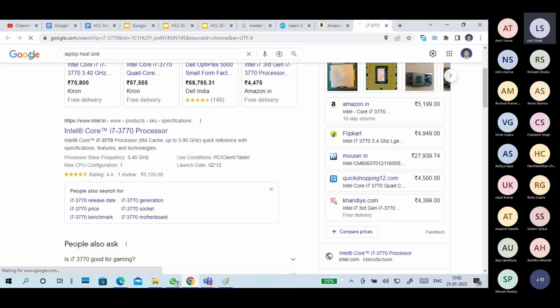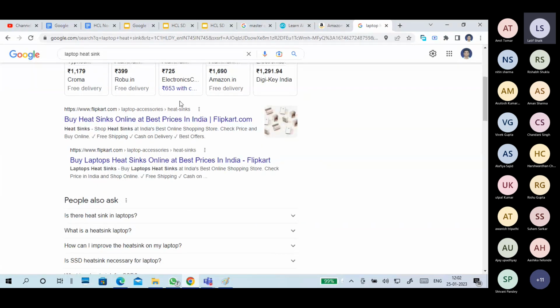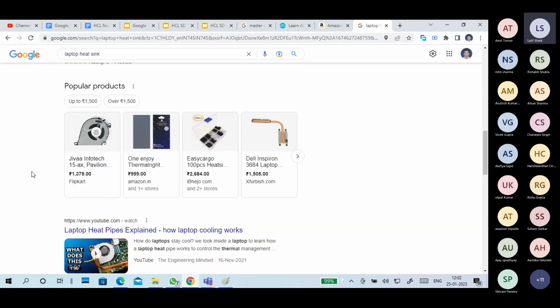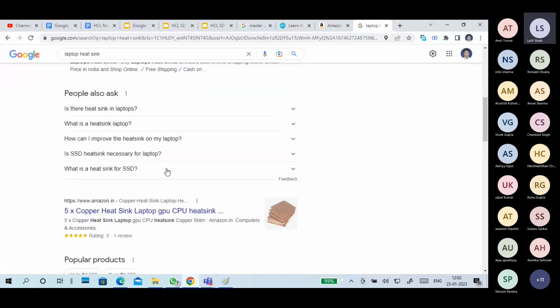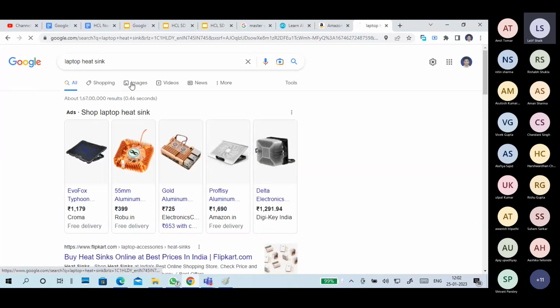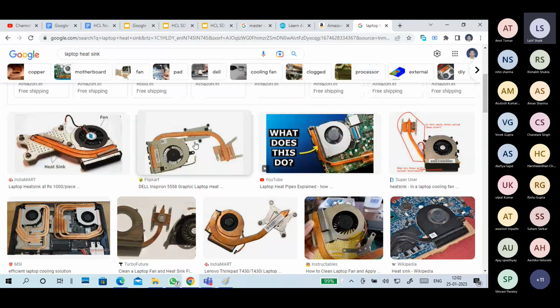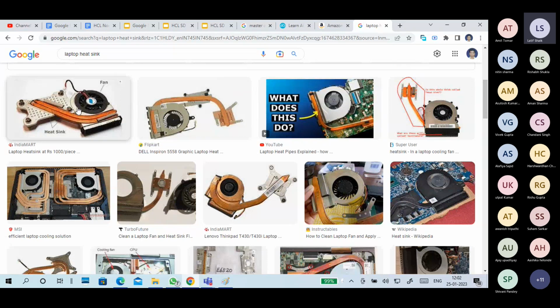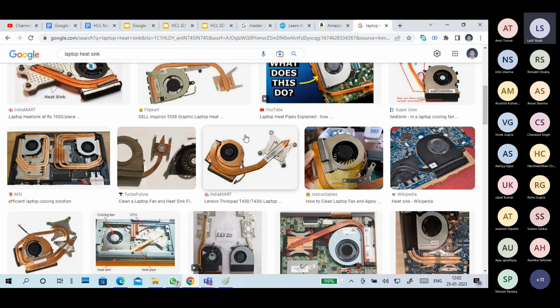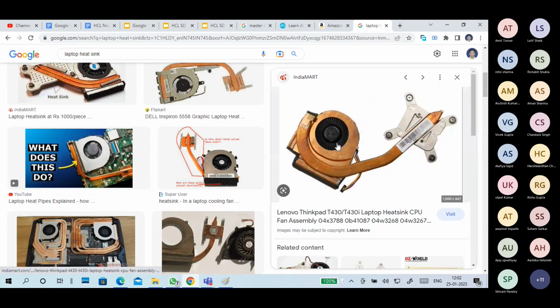Some new kinds of heat sinks are also coming in the future, not this one. There are pure copper rods, and it looks like this. So this is a heat sink. The processor is under this unit. Heat is absorbed from here and distributed to this, and the fan blows the heat away.